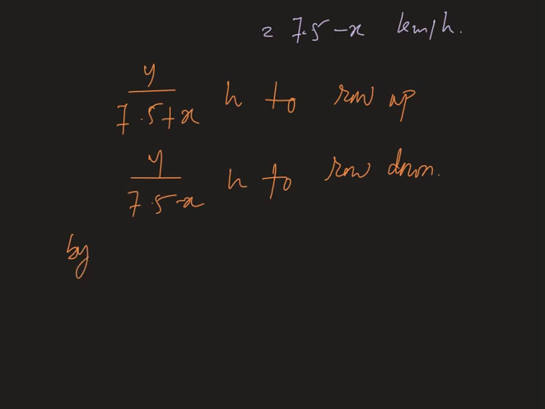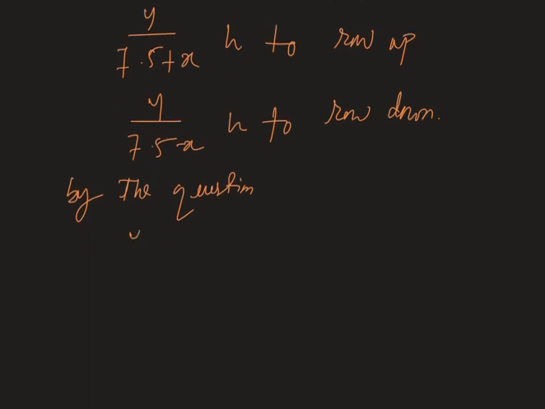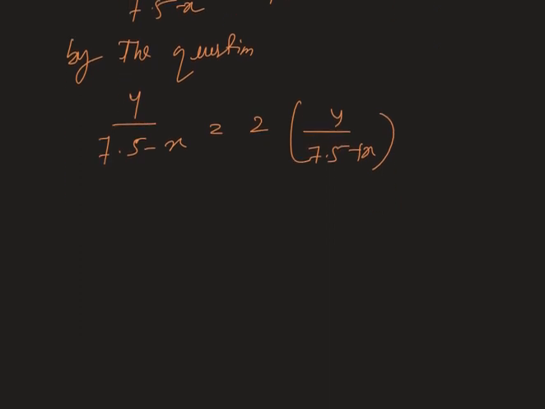Now by the question the time needed to row down is twice of the time needed to row up. Now from this equation we just need to find the value of x. So y already cancels out.